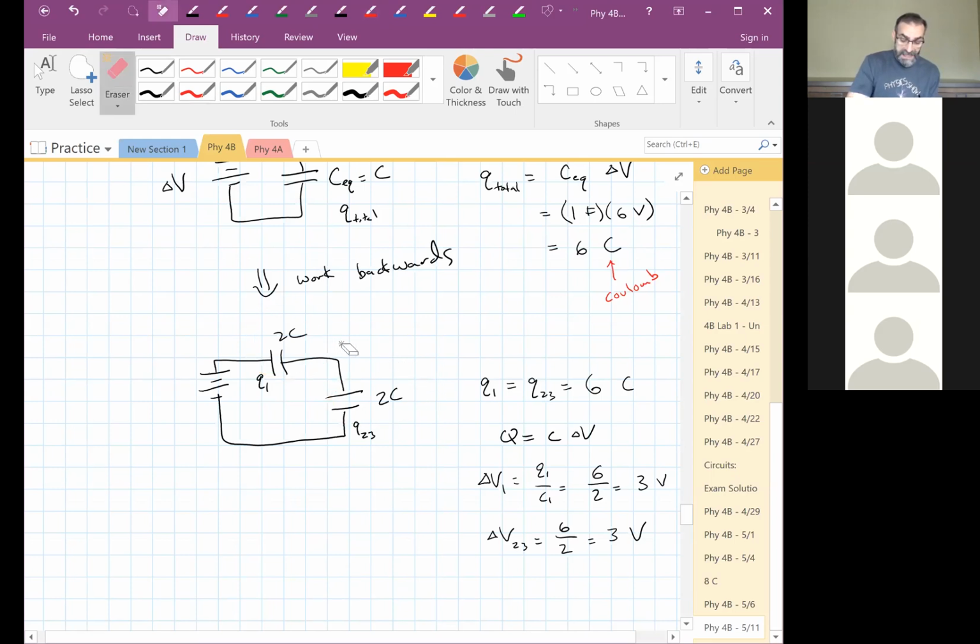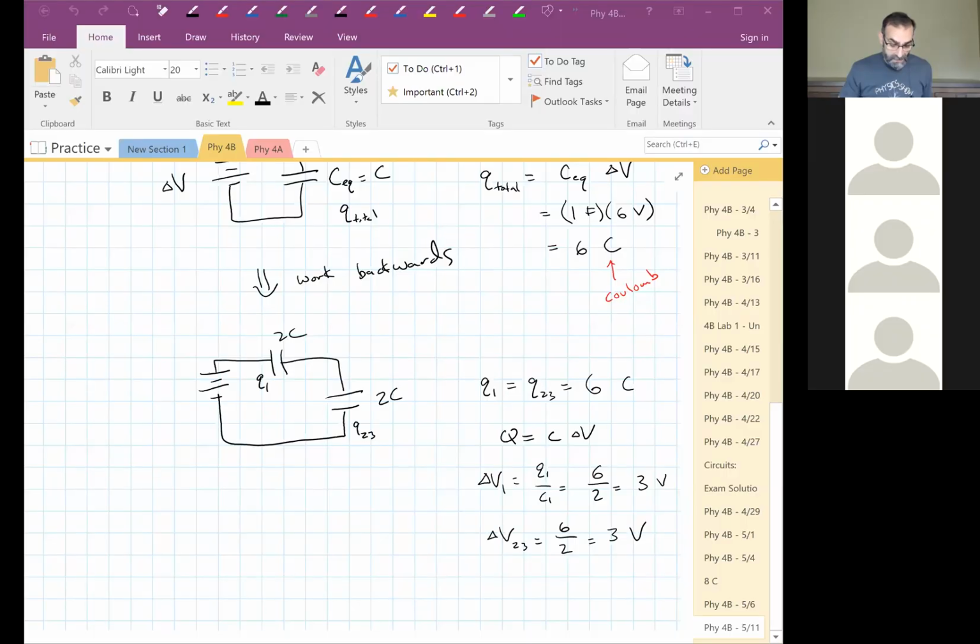Because they had the same capacitance and there's only two of them in series, the 6 volts from our power supply gets split equally over those two capacitors.